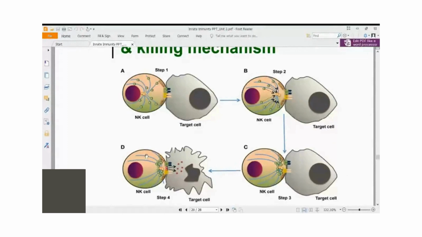You just show the bottommost left-hand side interaction. And be careful with labeling of the cell. If it is an NK cell, you label it as NK cell. If it is a gamma delta T cell, you label it as gamma delta T. Both these cells, even though they are two different types of cells, bring about the same type of action of cell killing when the cell is infected with intracellular pathogen.